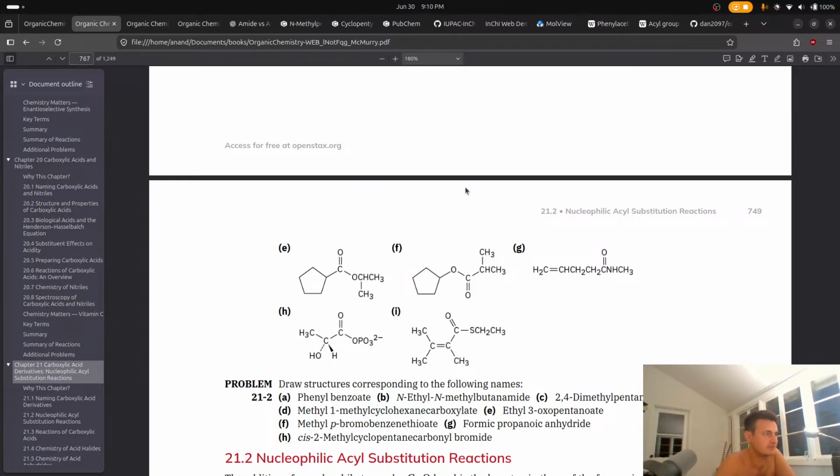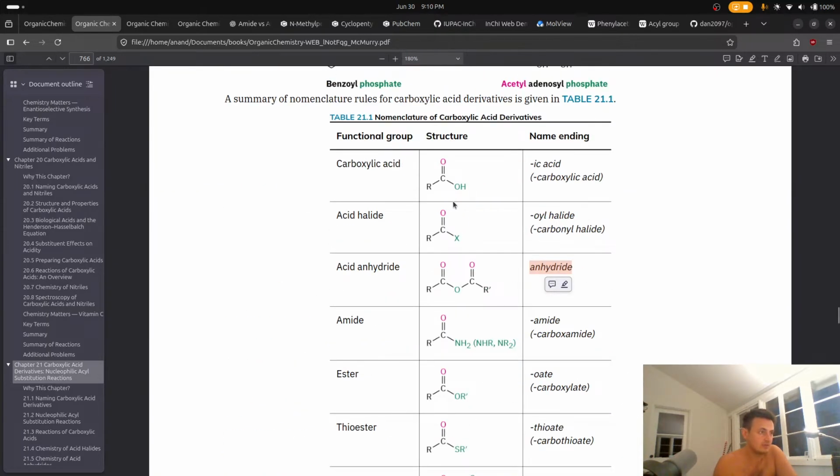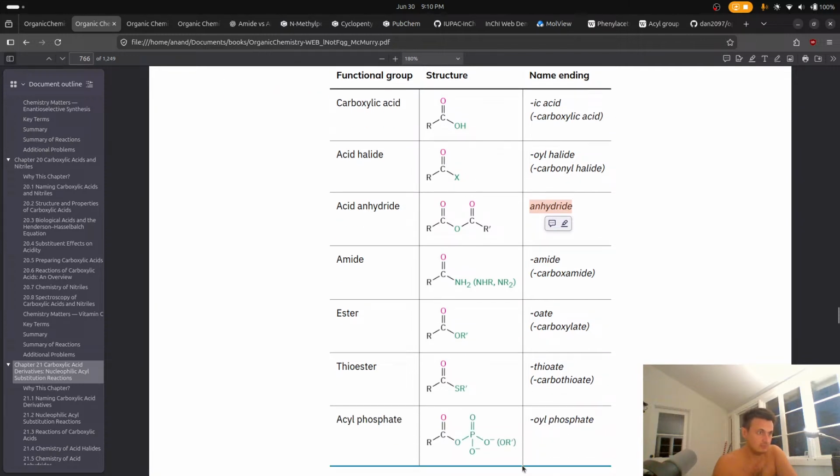So first off, this is going to be propanoic acid, but then it's going to be 2-hydroxypropanoic acid. But then I think it's going to be 2-hydroxypropanoyl phosphate.